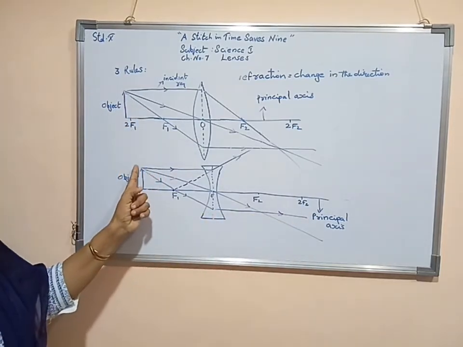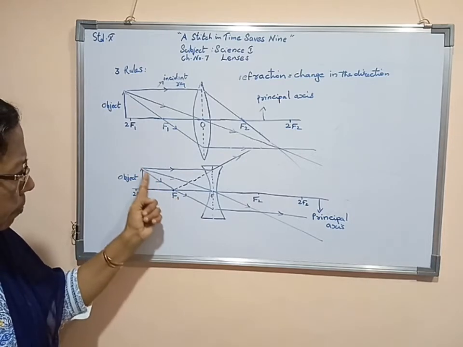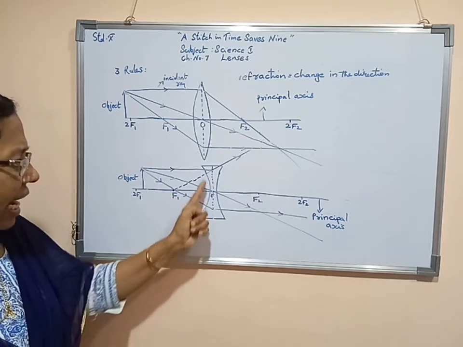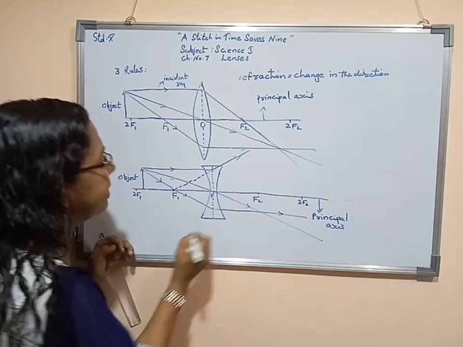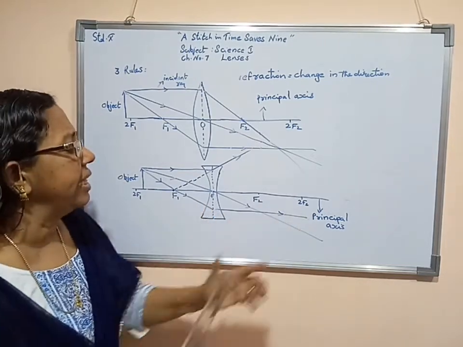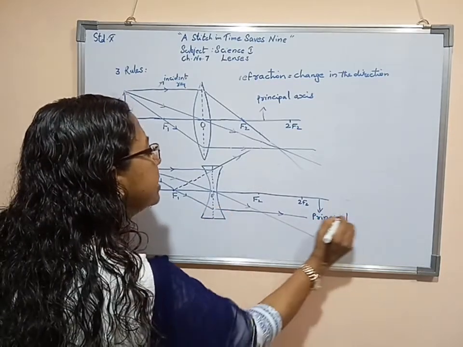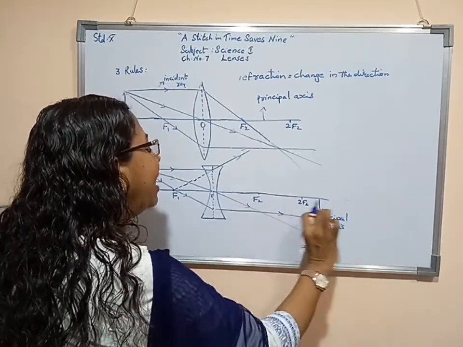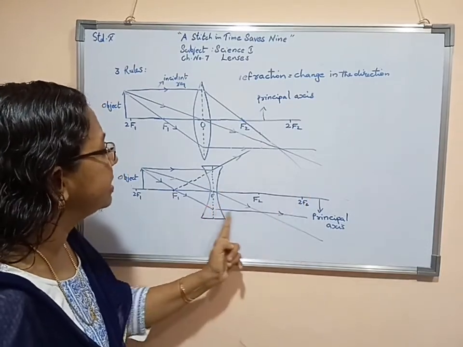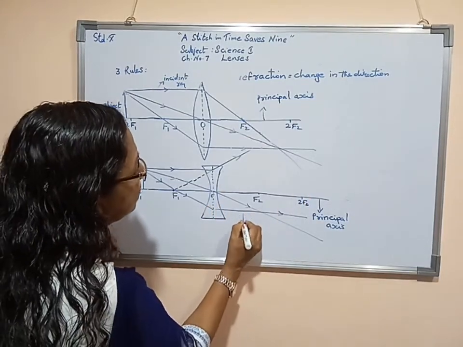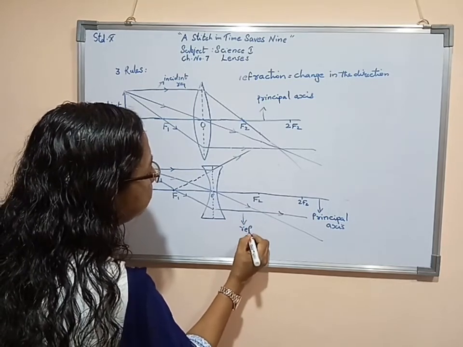So here you see the ray which is passing through the principal focus, after hitting the central part of the concave lens, after refraction it passes straight, or we can say parallel to the principal axis. This is the principal axis, this is the refracted ray.